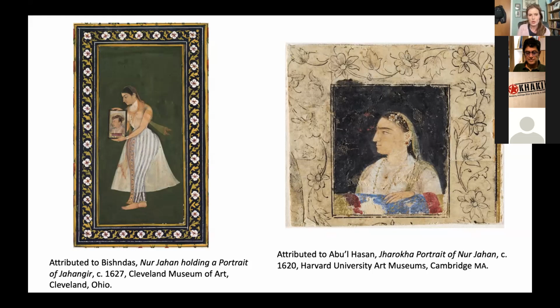And then a portrait on the left that's usually thought of as perhaps a posthumous portrait of Jahangir just after he's died, that shows Nur Jahan, and she's holding the portrait of Jahangir as a little Jharokha image. Again, the idea that the image itself is capturing his presence, a way of his enduring presence even beyond his death.